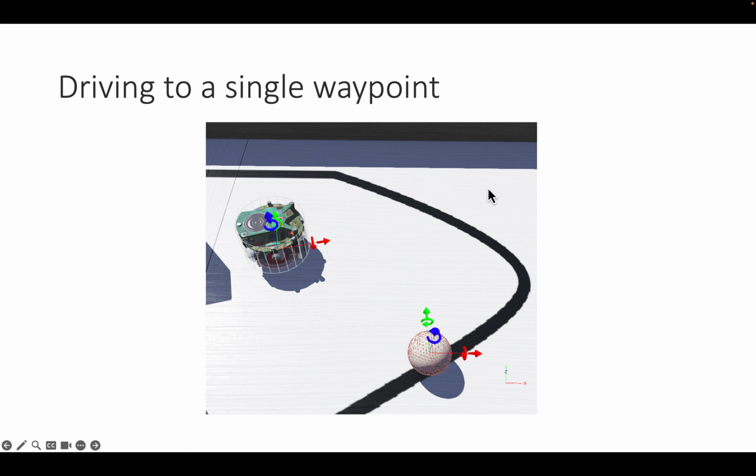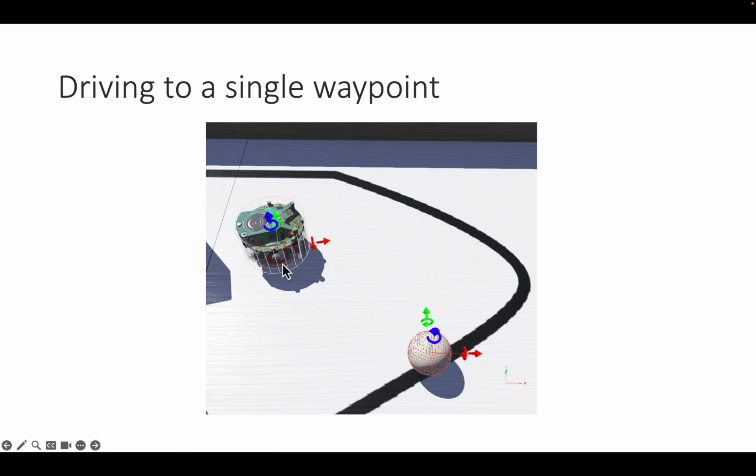All right, in Webots we will use ping pong balls that we will drop at different locations to be stand-ins for the waypoints, so you can see how the robot should drive. In this case, you see that the world coordinate system is aligned with this little coordinate system in the corner here. And you can see that the robot would need to do a right turn to drive to this obstacle.